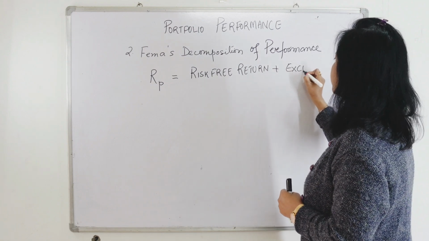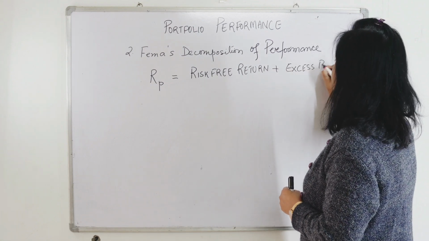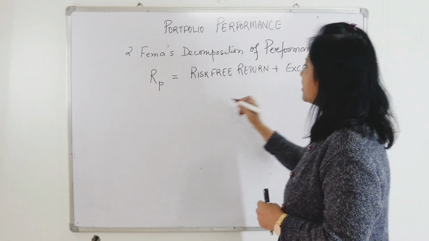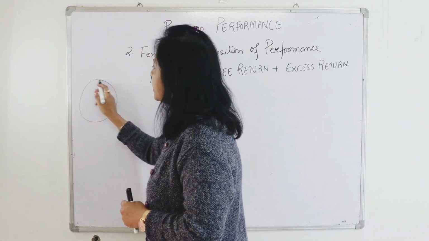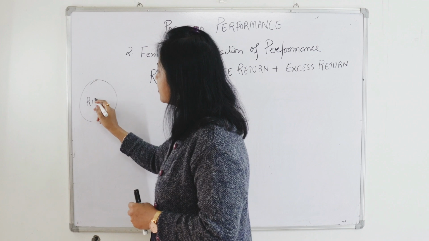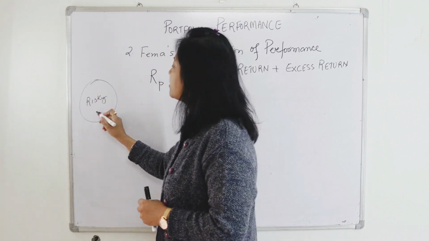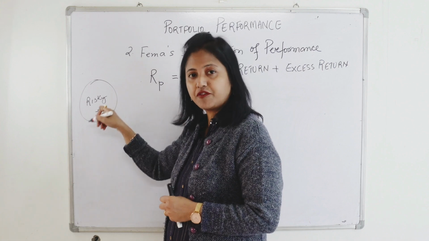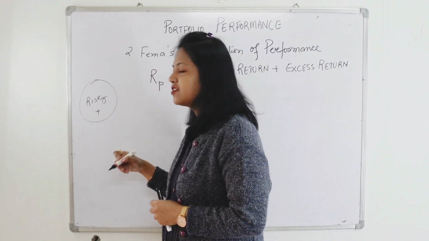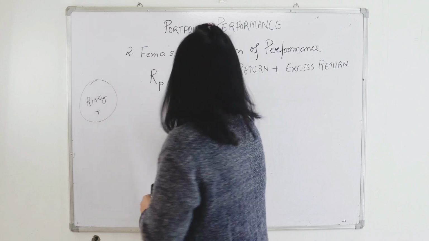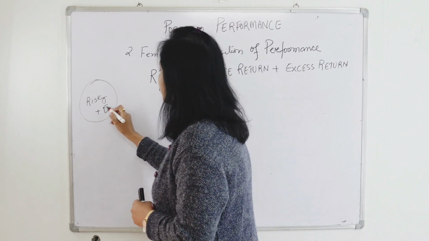Let me explain what this means, excess return. Since you are investing in a market, and in this market you have invested in risky assets, you are taking risk, so you must get some extra return because you have taken risk. How much extra you will earn is your risk premium, right? This is your extra or excess.